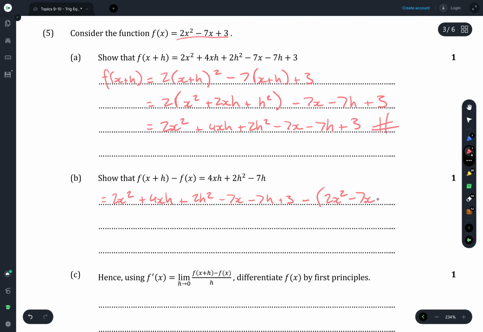If I wrote it without brackets, when I expand these brackets, I'm going to have negative 2x squared, but I'm going to have a plus 7x and minus 3. If I didn't write those brackets, then these will be wrong, and you'll see why that's important.